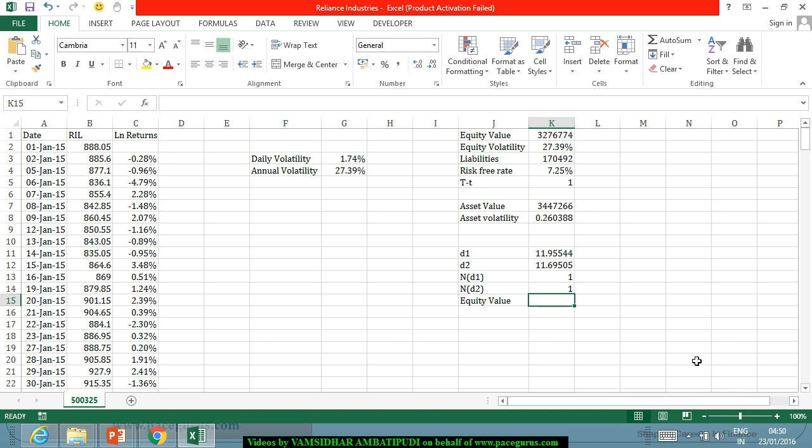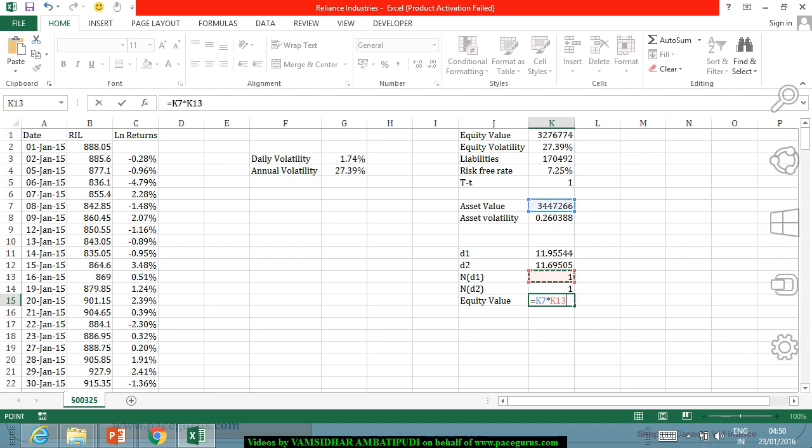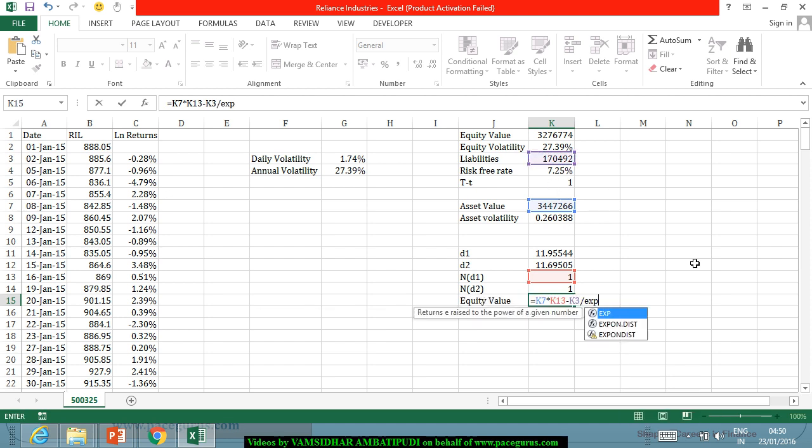Based on this I can very well get the value of the equity, because this is a call option, which is nothing but asset value times ND1 minus X by e to the power rt. X is nothing but liabilities. Liabilities by e to the power of rt, which is T minus t, times ND2.